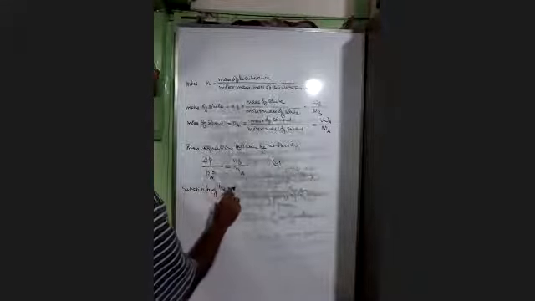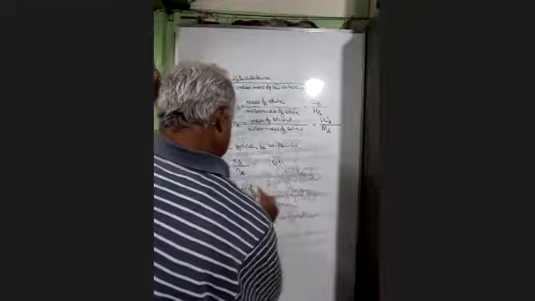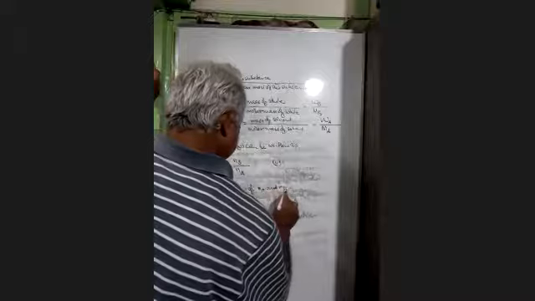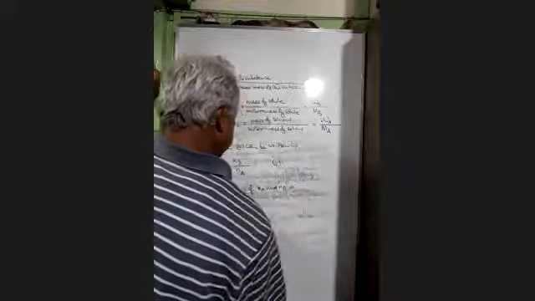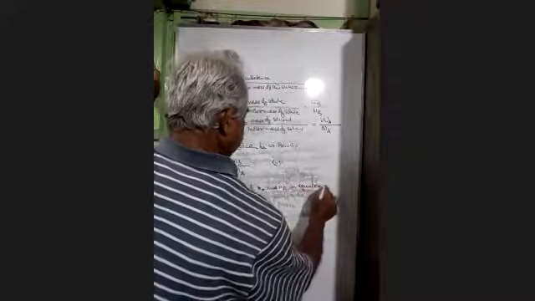Okay. So what will we write now here? Substituting the values of NA and NB in equation 5, what do we get?